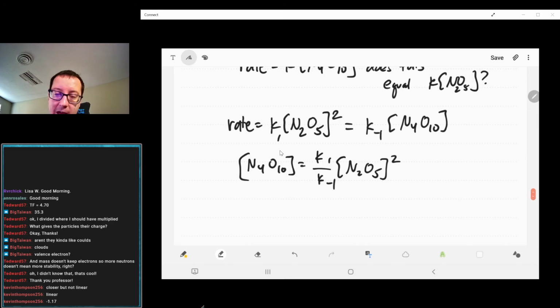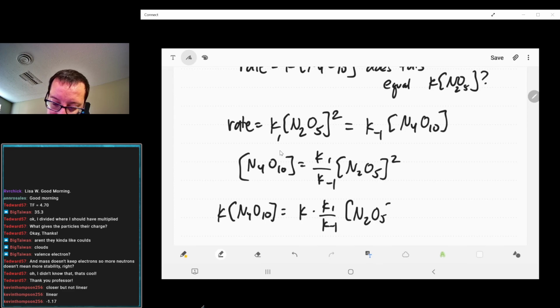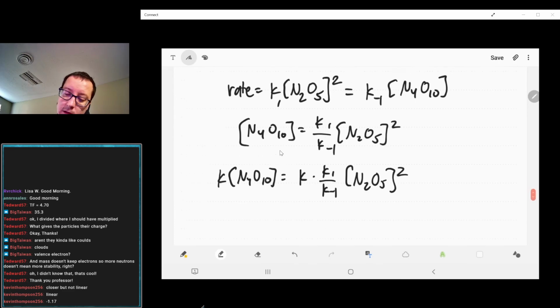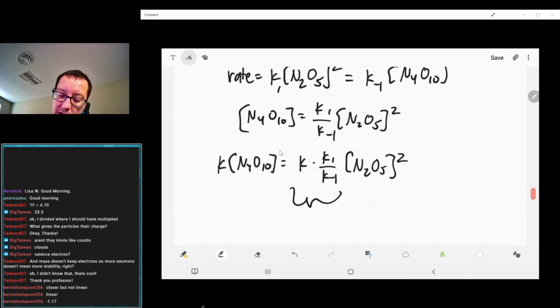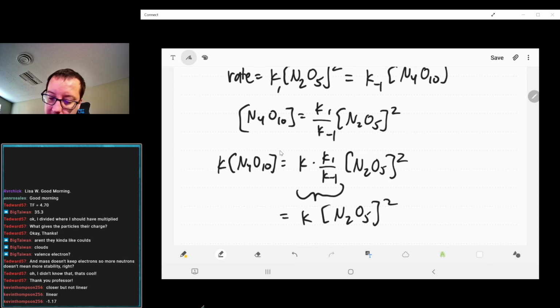If we look at that, let's see what N4010 would equal. So that's going to be K times K1 over K-1 times N2O5 squared, which again, we're going to just break. That's the ugliest brackets I've ever seen. There we go. Just some new K times N2O5 squared.